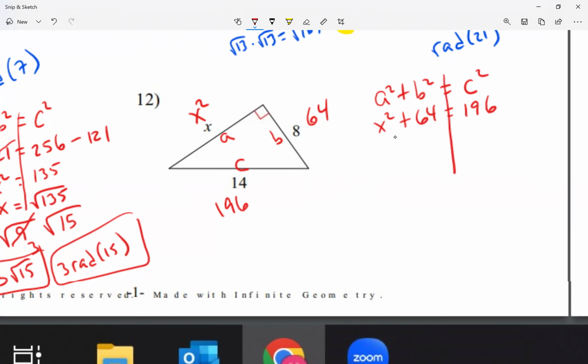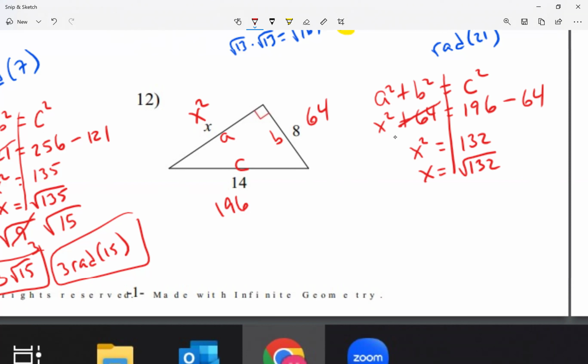Okay, let me separate my sides at the equal sign. My plus 64, let me move it to the other side as a minus 64. So that gives me that x squared is equal to 132. That means that x is the square root of 132.